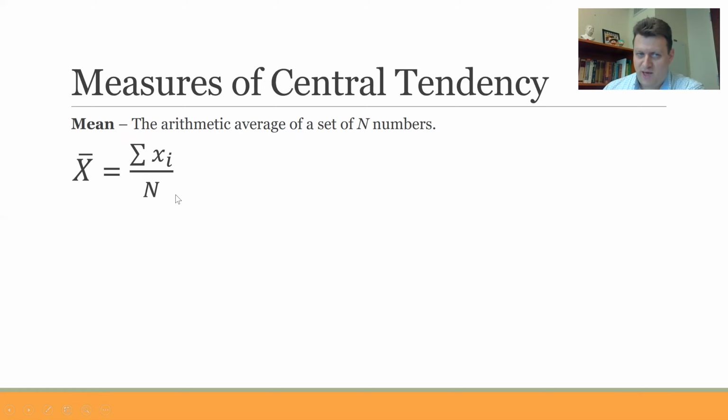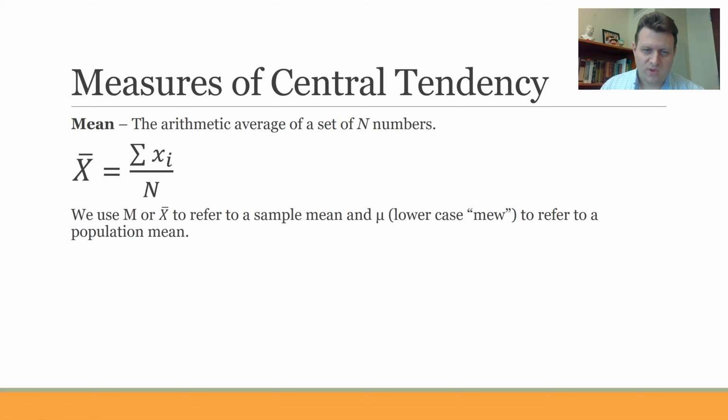Both of those are fine. x bar is the mean of the variable x. Anytime you put a bar above it, it's the mean. Or we could just put m, and m just means mean. What we do is we add up every instance of x, and then we divide it by n. And again, remember, n is the total number of observations that we have. It's the total number of subjects that we have.